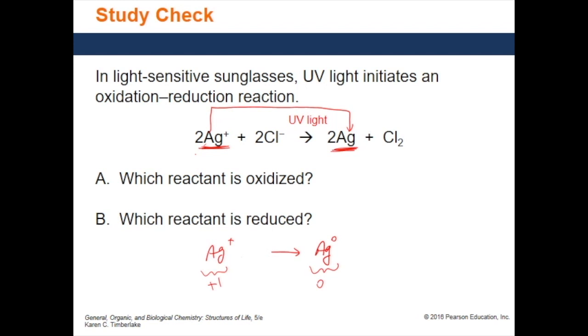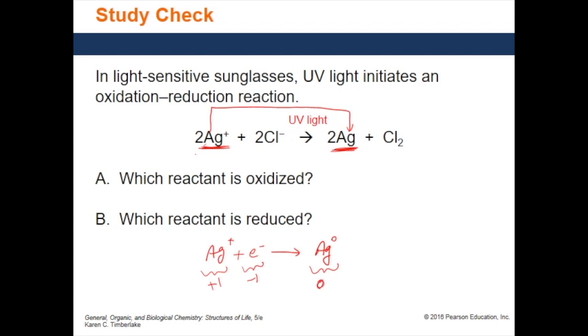Now remember, when you're balancing charges, you can only add electrons. You can never remove electrons. You can never change protons or neutrons. The only thing we can do is add electrons. To make this charge equal to 0, if I add an electron on the reactant side, the total charge will become plus 1 and negative 1 will become 0. So now this reaction is balanced.